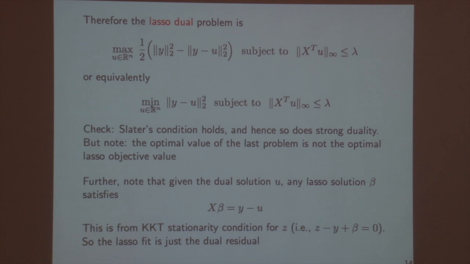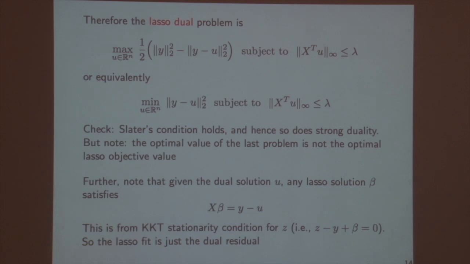This is not the actual dual problem that we know achieves the lasso criterion value optimality, right? Because it's just a transformed version of the dual. Of course, it's perfectly appropriate to solve this and claim that the optimal u here is the same as the optimal u here, but I'm just trying to say the obvious point that they don't have the same criterion values at optimality. So just be careful you don't forget about that.